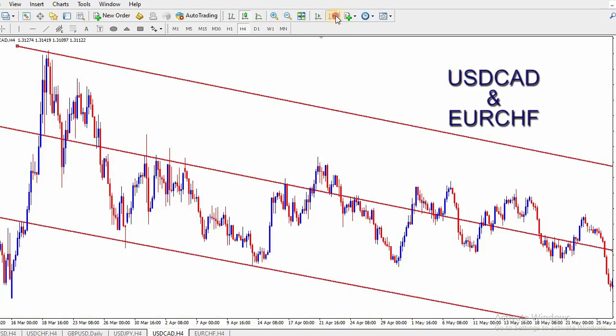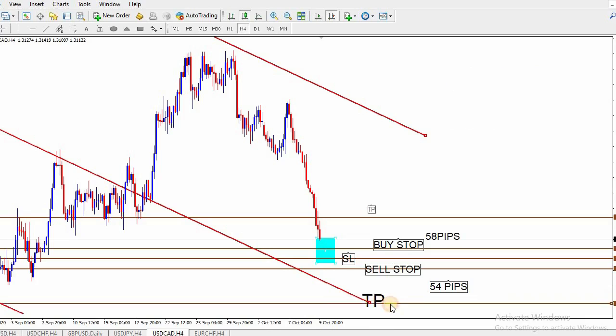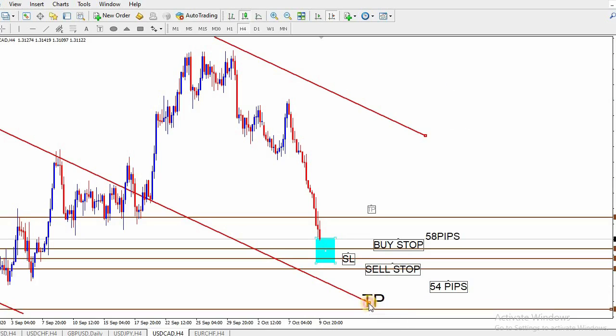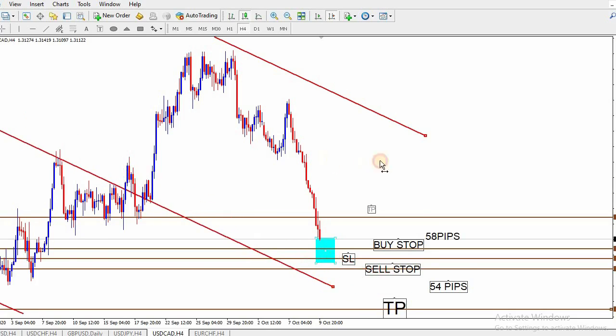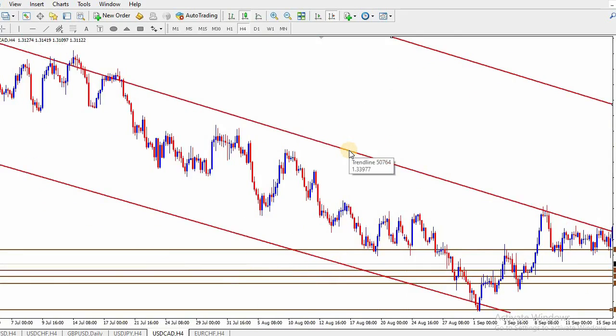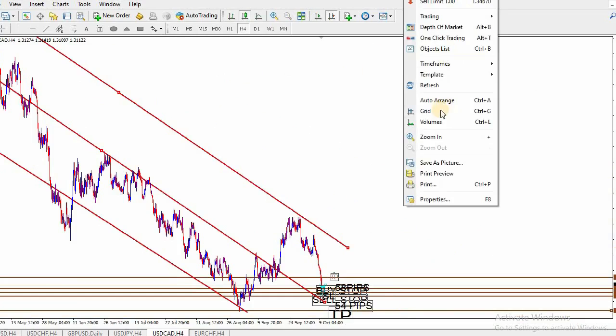So using our trend line analysis, okay, I think we're all set, so I can just get rid of everything and then start my analysis from the beginning.